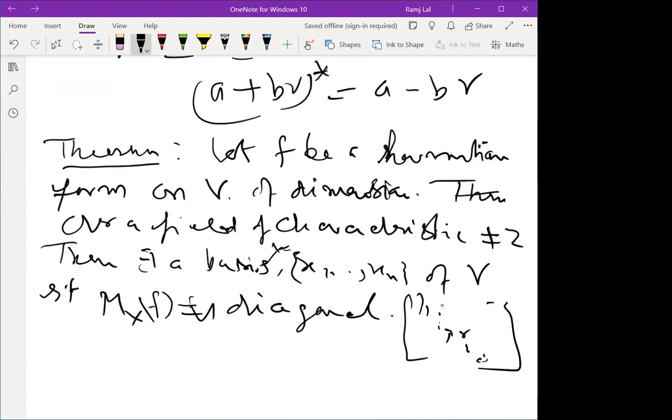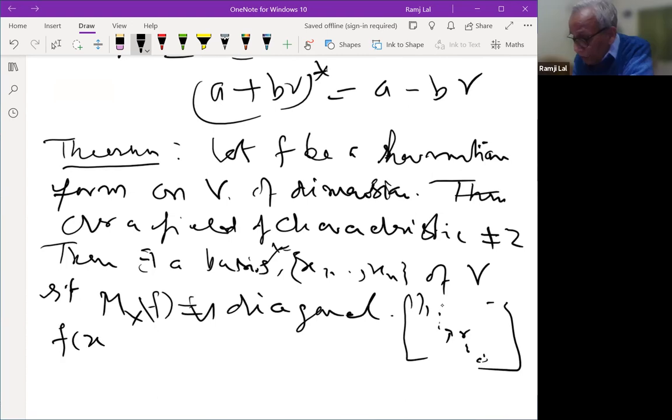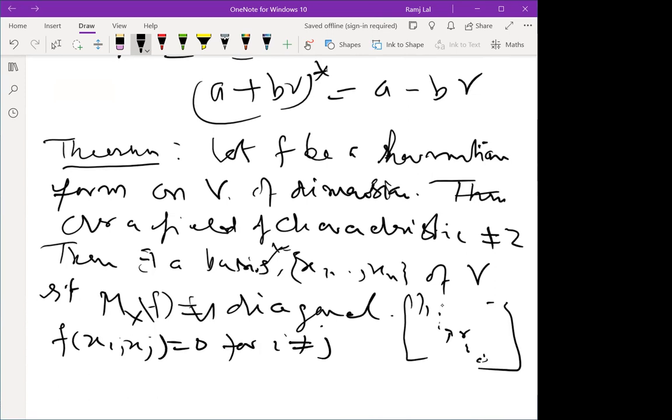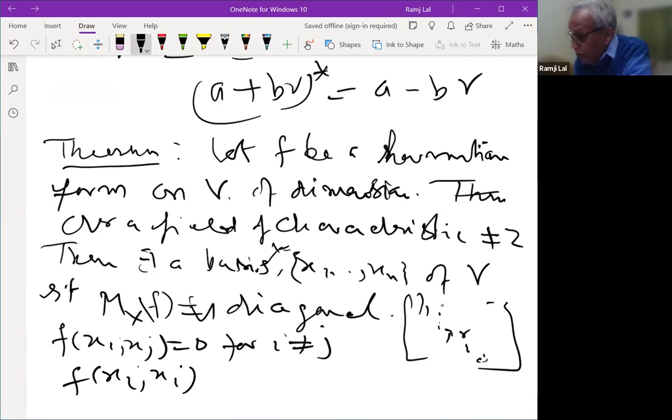Or this is simply to say that f(xi, xj) is 0 for i different from j, and f(xi, xi) may be non-zero for some of them.